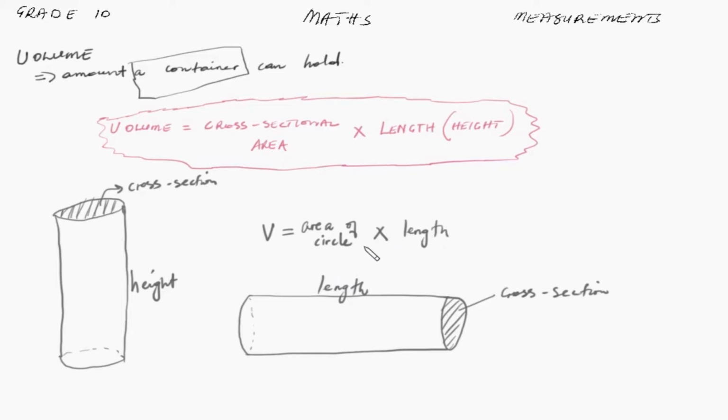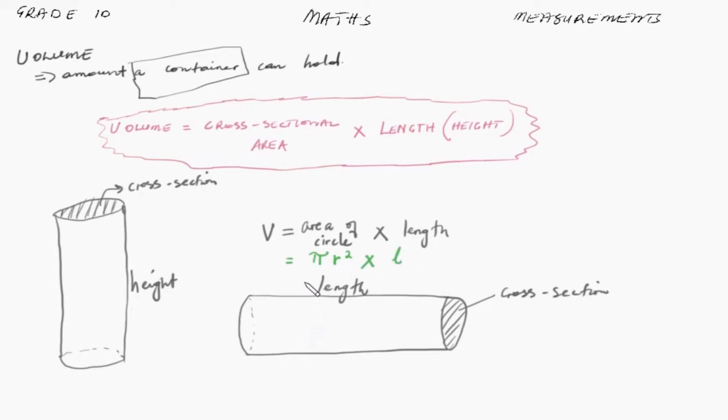So the area of a circle is always pi radius squared. Then we multiply this by the length now.